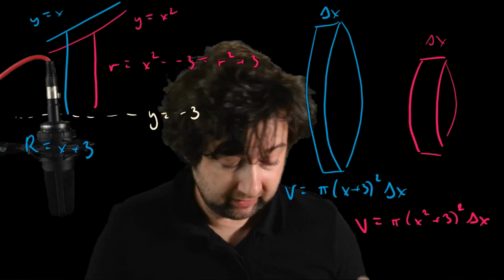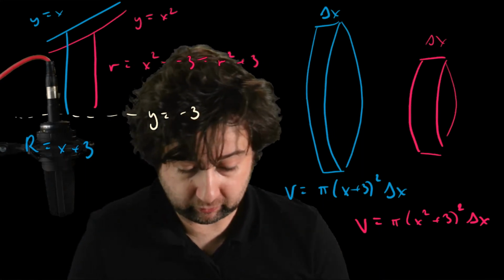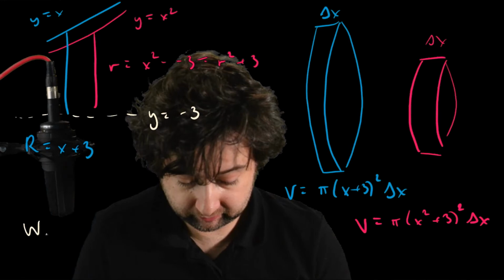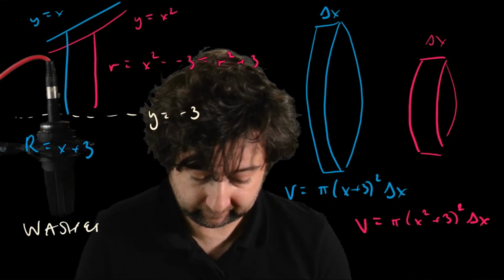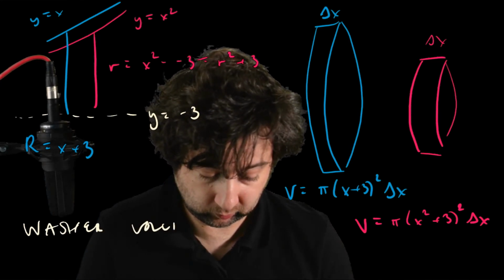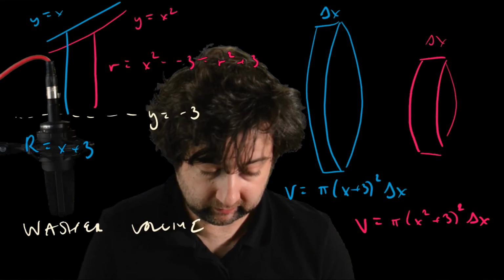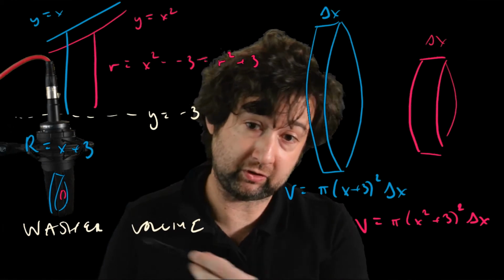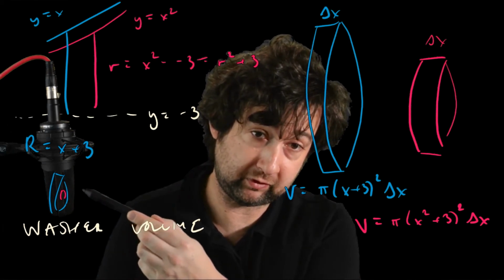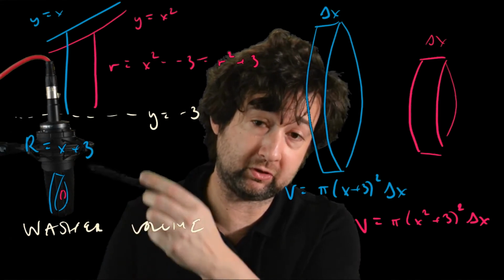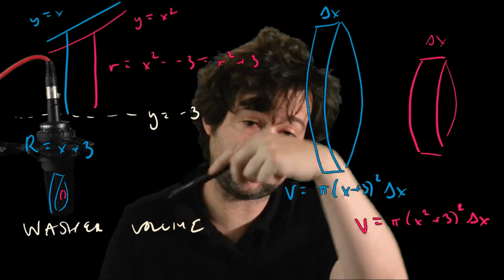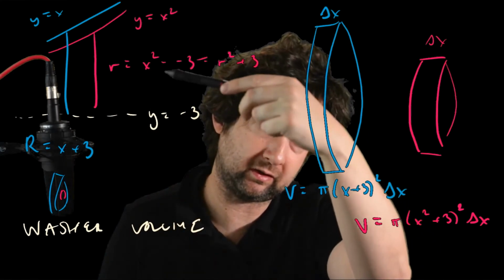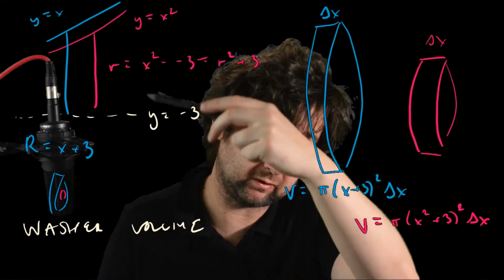Okay, so that means the volume of the representative washer. Remember that the volume we're trying to compute is the volume of the washer, which is what you get when you take the blue cylinder and punch the red cylinder out of the middle. That's the same thing that shows up when you take a shape like this and rotate it around this axis, because it's got this big hollow space in the middle.